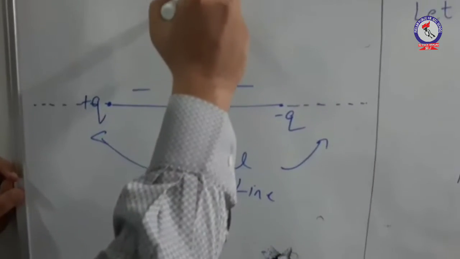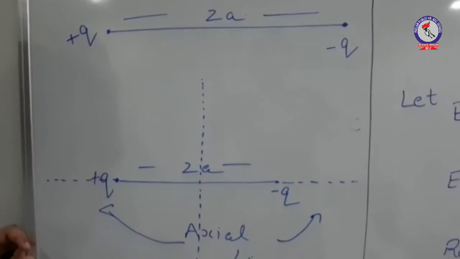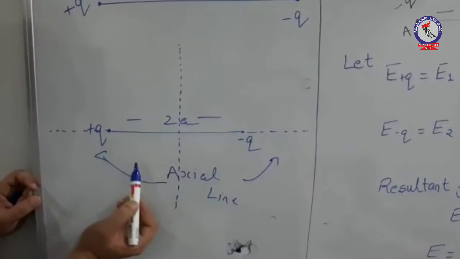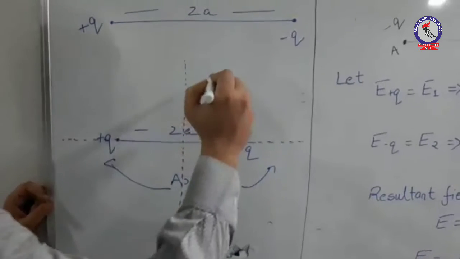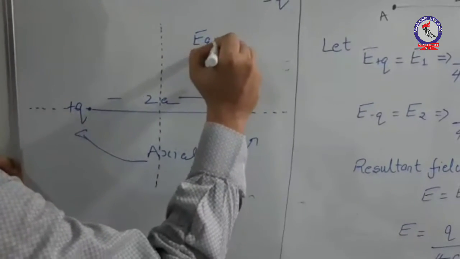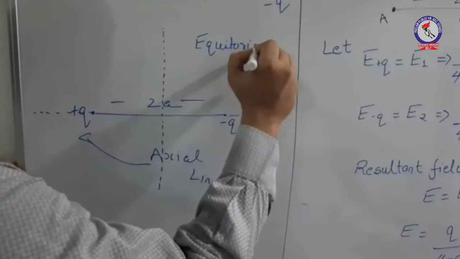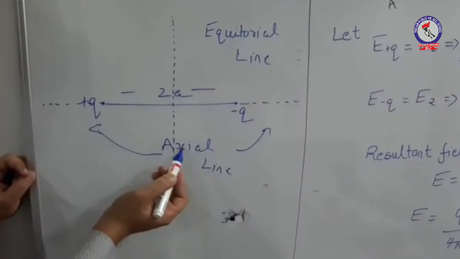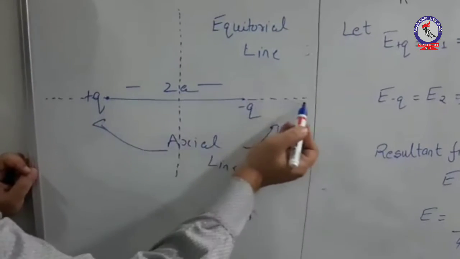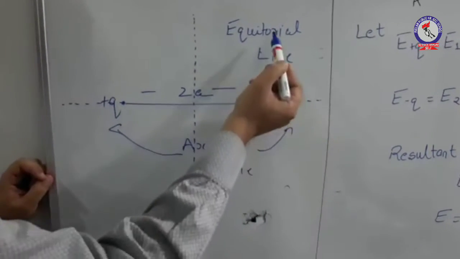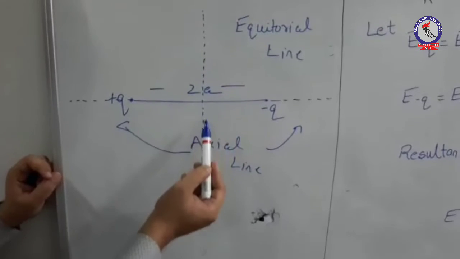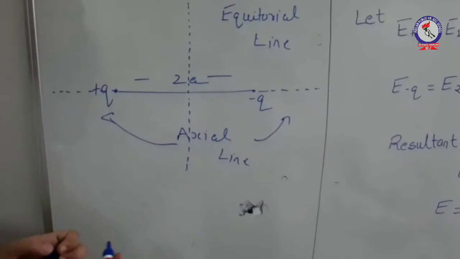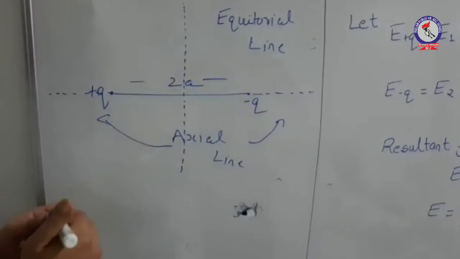While if I bisect the line joining this dipole, this is actually a perpendicular bisector which I am drawing onto the line joining the two charges. This line acts as equatorial line. So again, axial line is actually any point on the line joining the two charges, while equatorial line is the line which is bisecting the line joining the two charges. So we need to calculate field intensity on axial line as well as equatorial line.